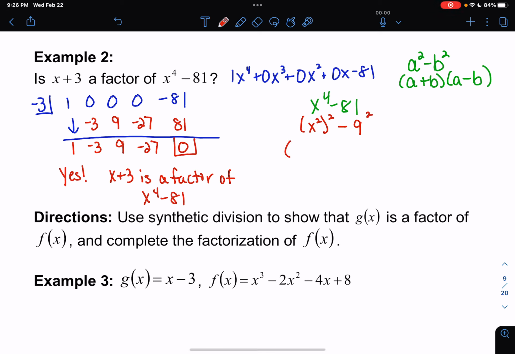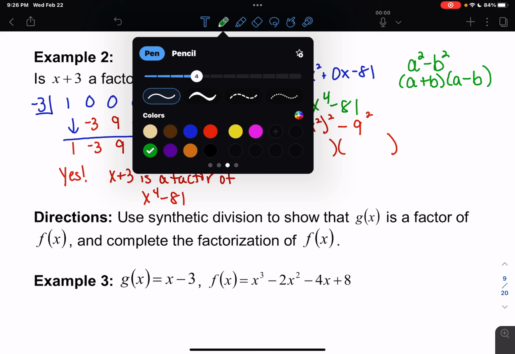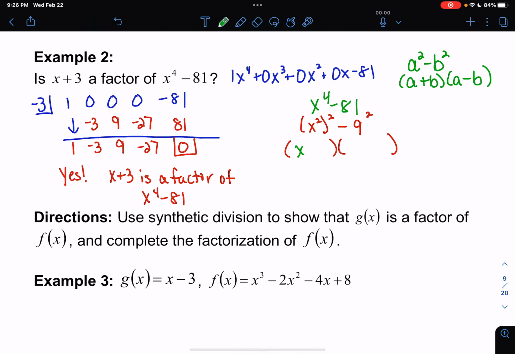So we can factor into 2 binomial factors where the first factor is going to be x squared plus 9, and the other factor is x squared minus 9. Now we have found using synthetic division that x plus 3 is a factor.